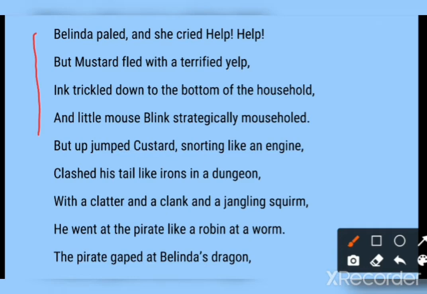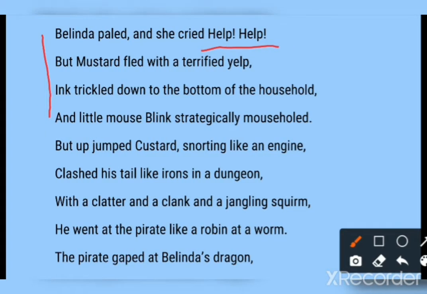stanza 9, and the poetic devices used here are simply repetition and the device of irony, because Belinda is shown here as pale. Otherwise we believed that Belinda was brave, because she would say that she is brave and she's a barrel full of beers.